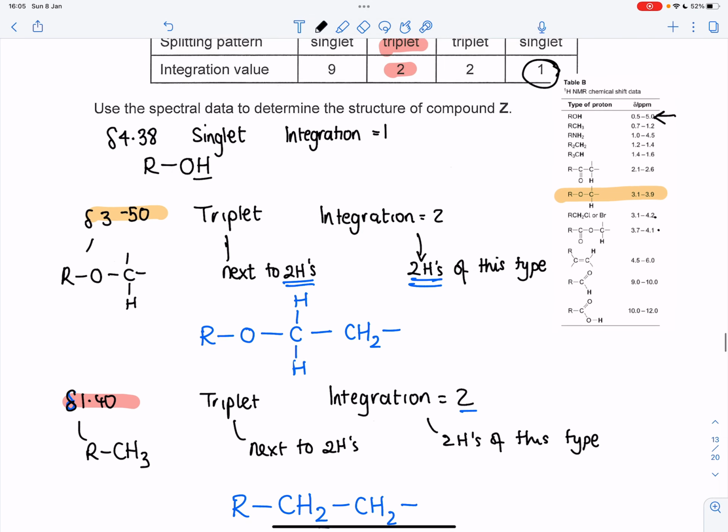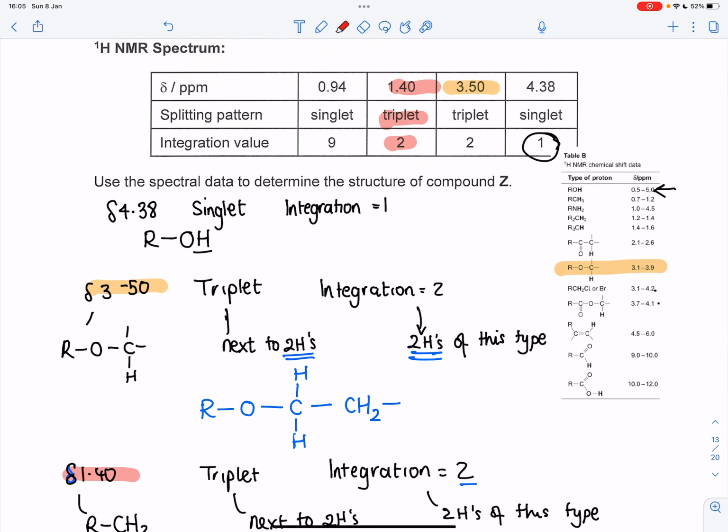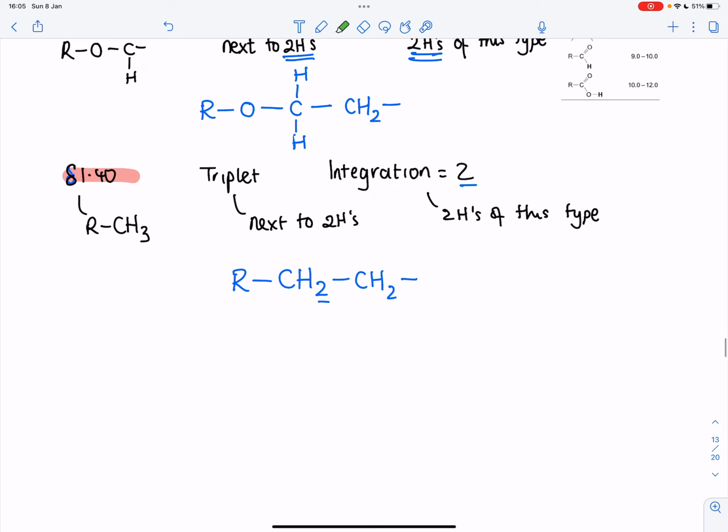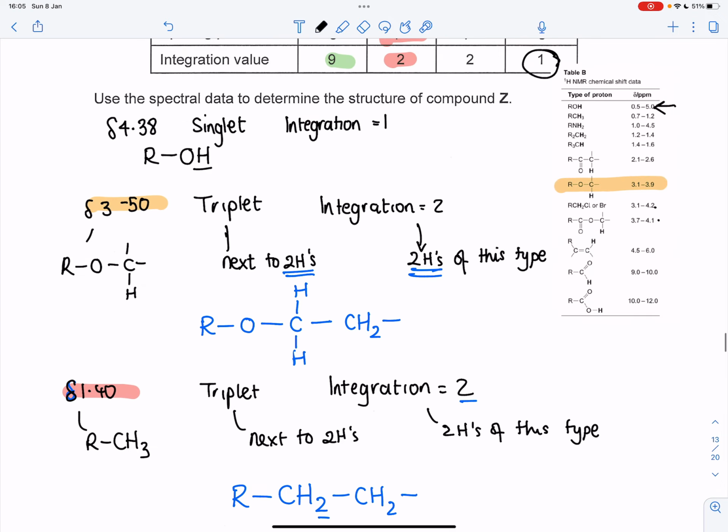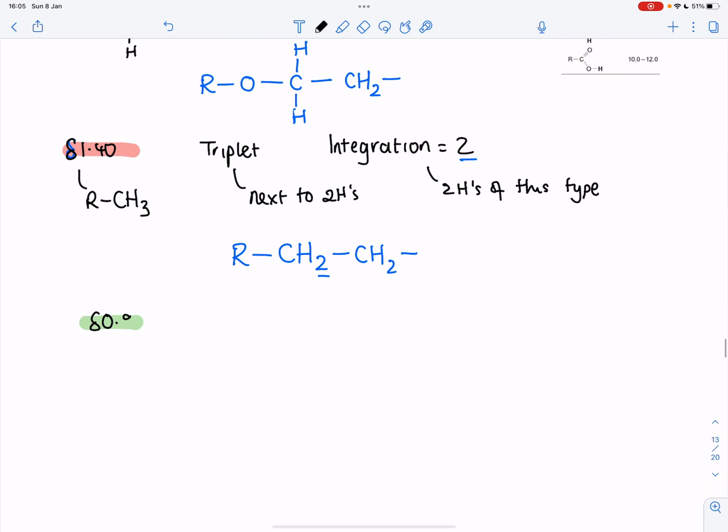Then if we go and look at our final peak, take a different colour, and we go 0.94, singlet, 9. That's interesting. That's a bit different. 0.94, singlet, integration 9. Now that integration 9 is a bit of a red flag.